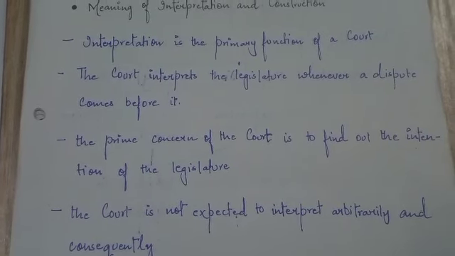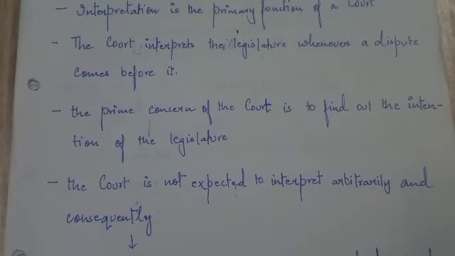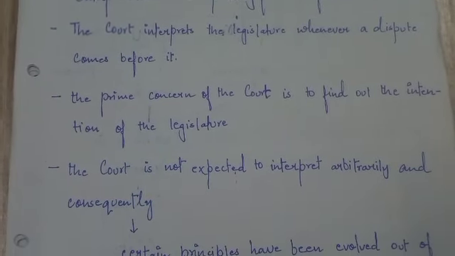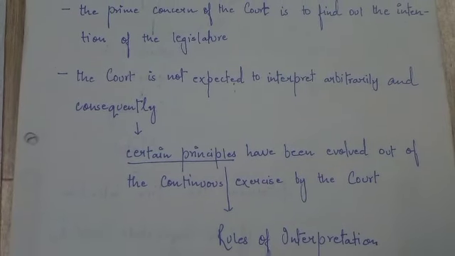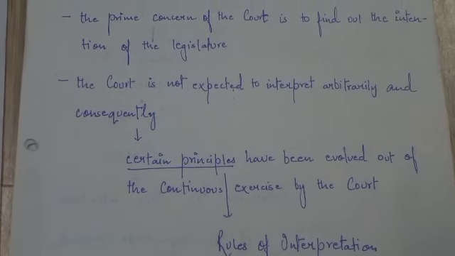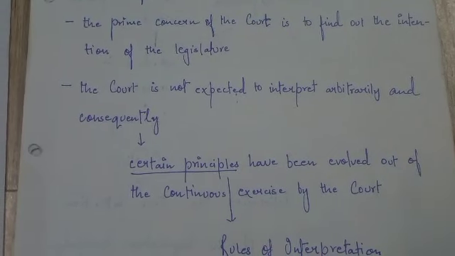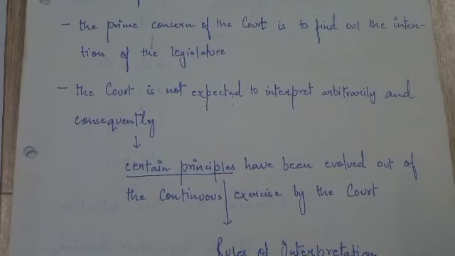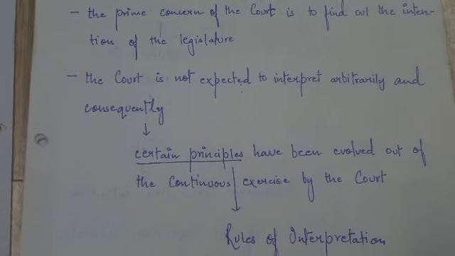But yes, we also need to keep in mind the fact that the court is not expected to interpret arbitrarily. Consequently, certain principles have been evolved out of the continuous exercise by the court, which may sometimes be called the rules of interpretation, and also certain basic principles of interpretation.